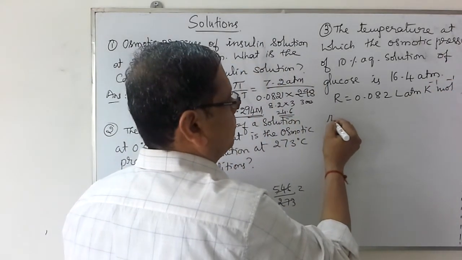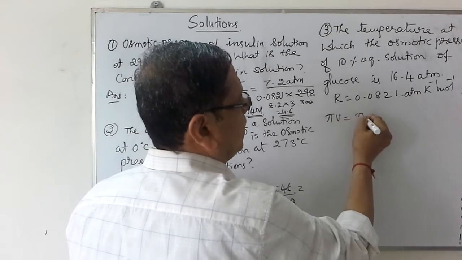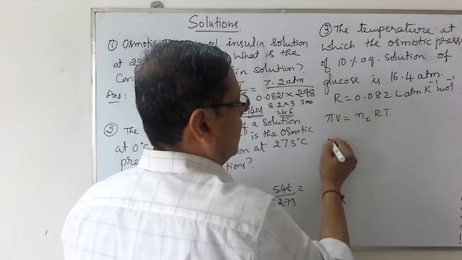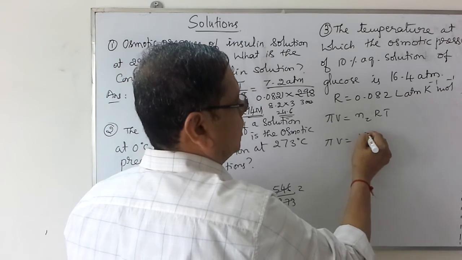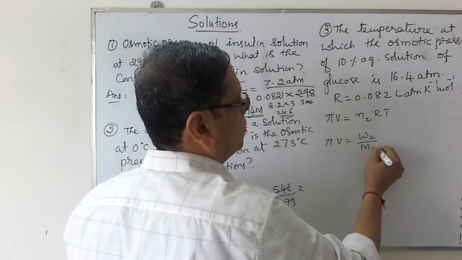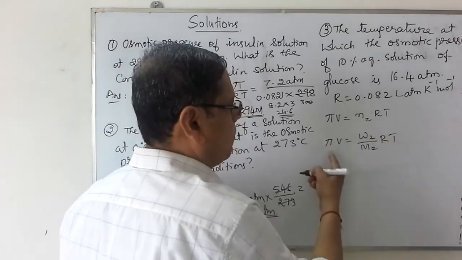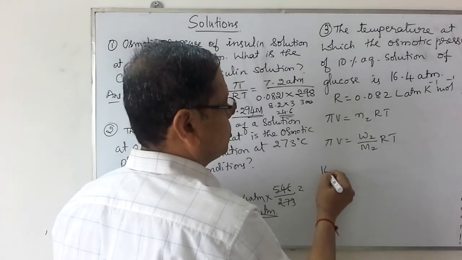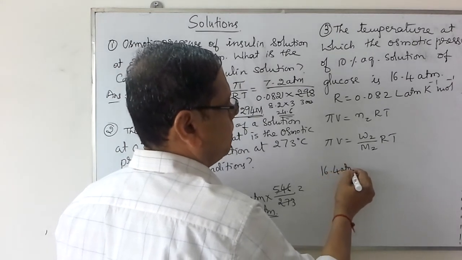Directly we have this equation: pi V is equal to n2RT, or pi V is equal to W2 divided by M2RT. Pi is given as 16.4 atmospheres.